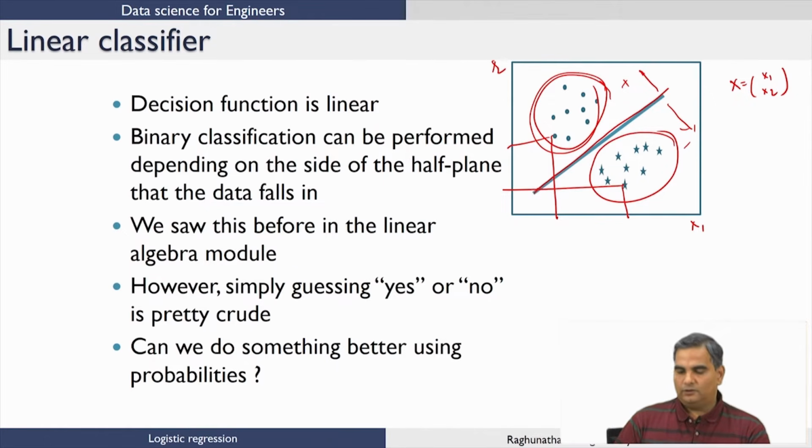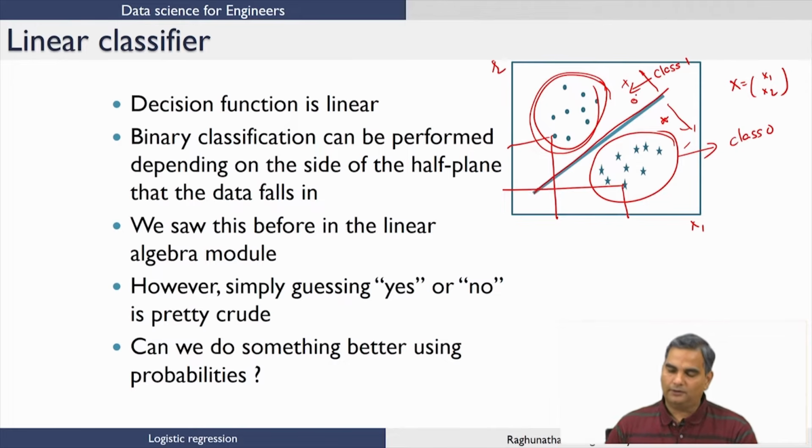So, if you were to do this classification problem, then what you could say is if I get a data point somewhere here, I could say it belongs to whatever this class is here. So, we could call this class 0, we could call this class 1, and we would say whenever a data point falls to this side of the line, then it is class 0, and if a data point falls to this side of the line, we will say it is class 1 and so on.